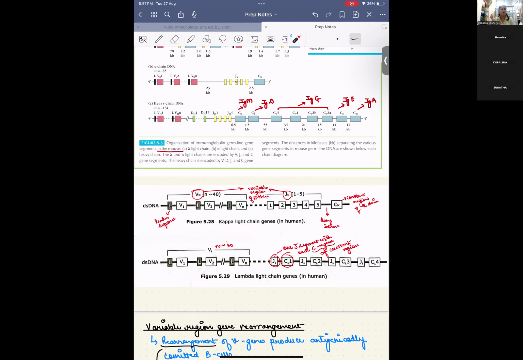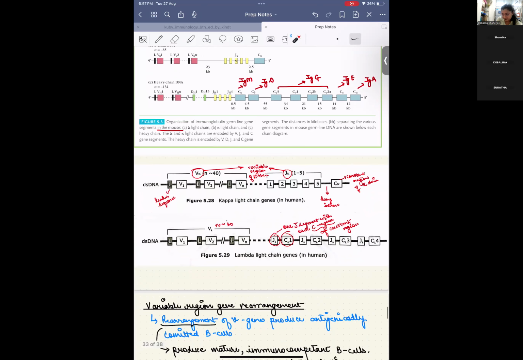If after multiple rearrangements, and certain mutations also, the affinity is not sufficient and the rearrangement is not coming out productive, that cell is triggered for apoptosis, and further division is going to select for cells with lambda chain. The only difference that you see between these two is that we again have multiple variable regions arranged in a linear fashion, somewhere around 30 such variable regions, with a long intervening sequence.